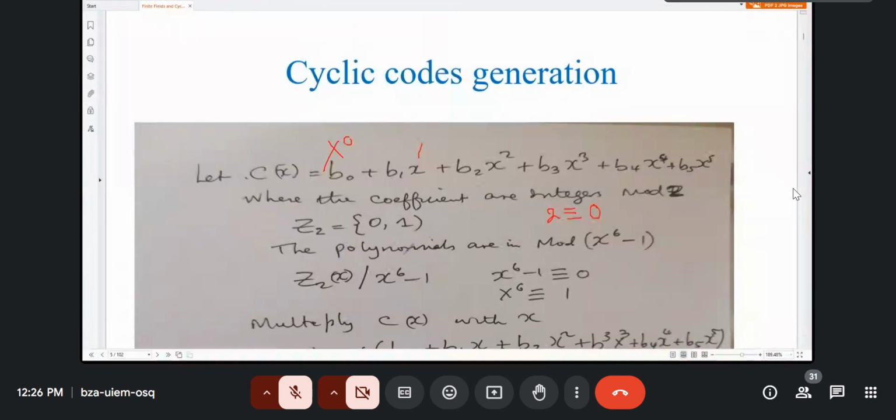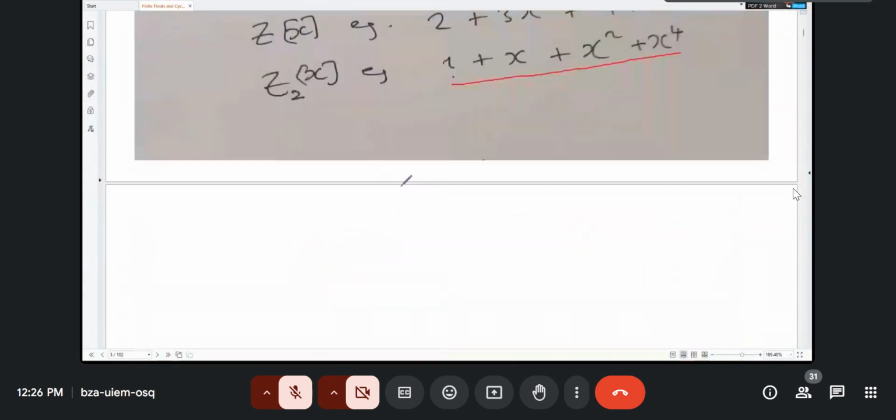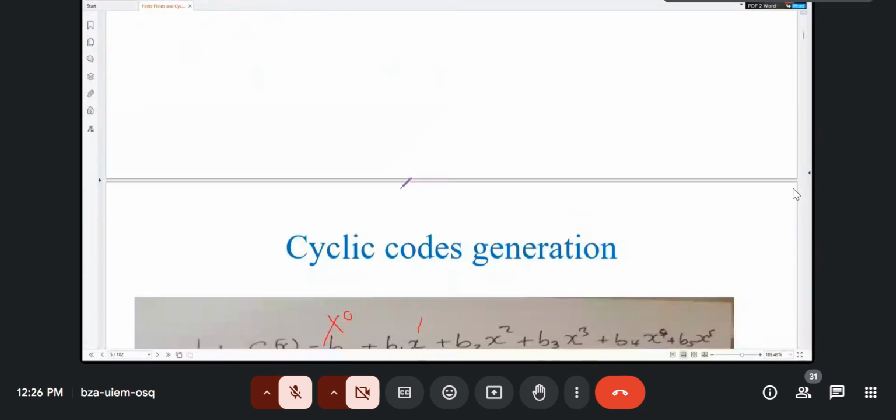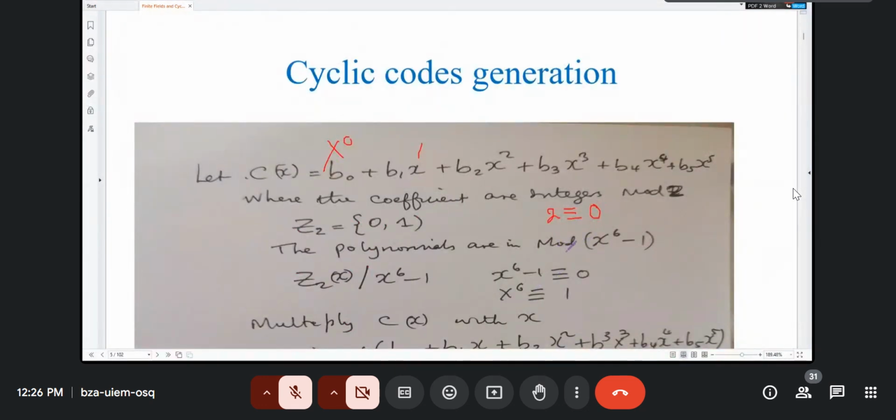So the particular polynomials we are dealing with here are mod X to the 6 minus 1. So these are polynomials mod another polynomial. And you're going to see a lot of this, where you have a polynomial mod another polynomial.